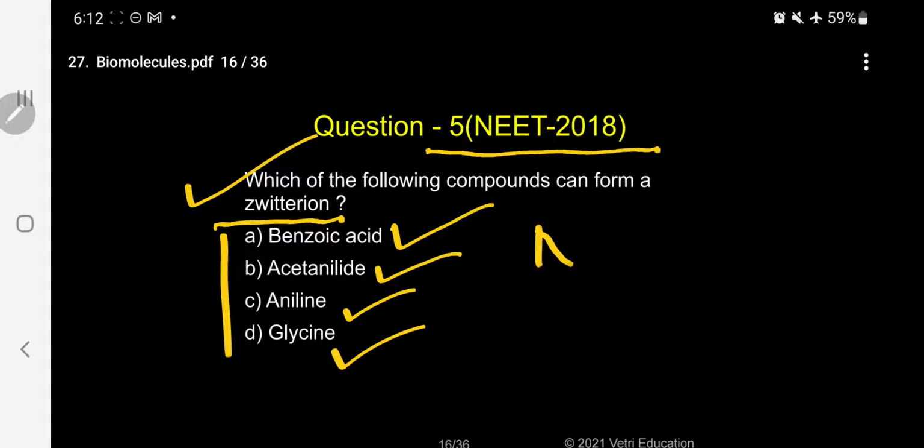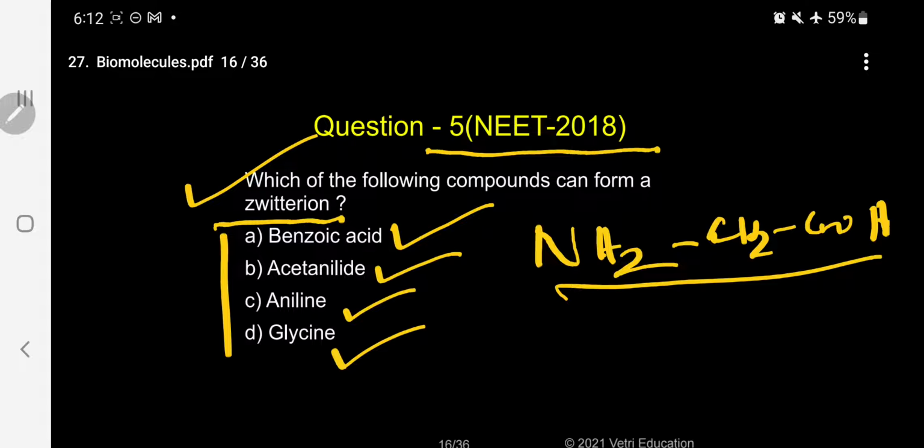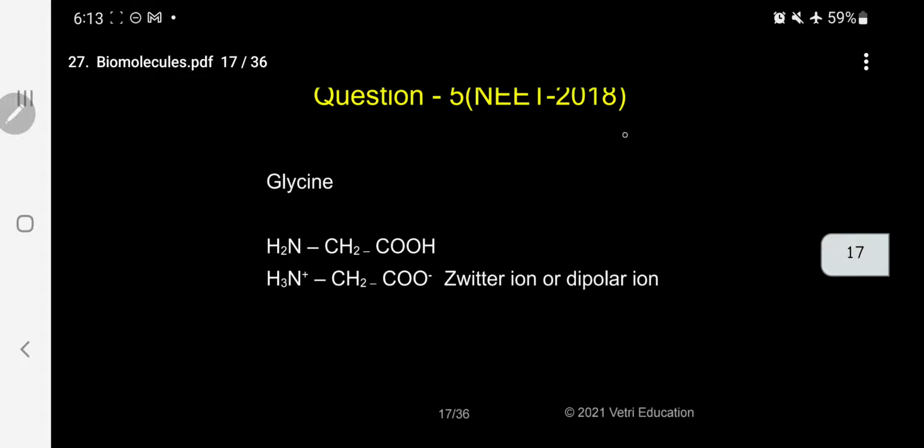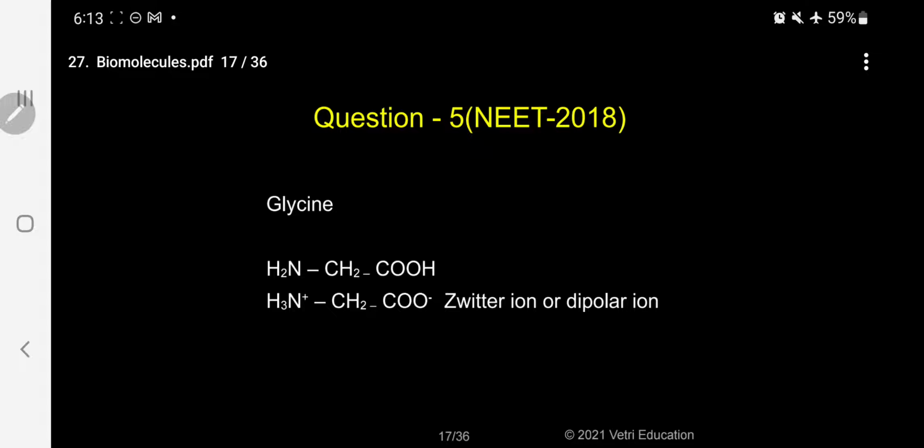What is glycine? NH2CH2COOH. This is glycine. Amino acetic acid is called glycine. So only glycine will form a zwitterion. Let me explain, kindly follow. So here, just see here, this is the structure of glycine.